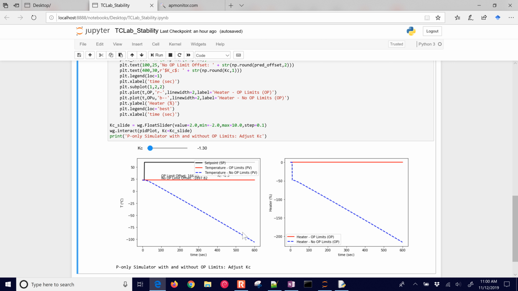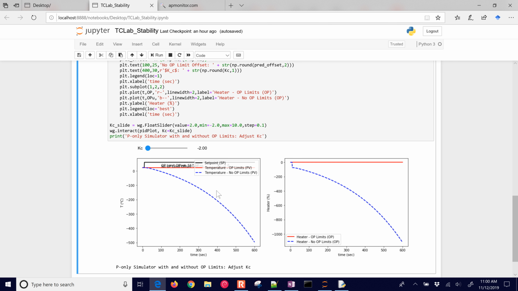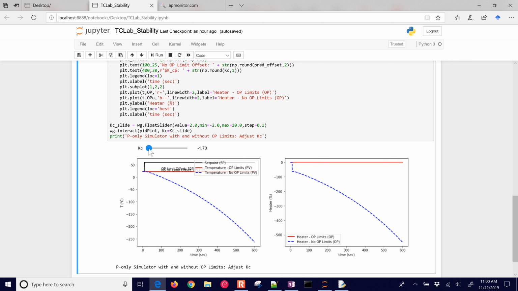You can see it went from kind of a ramp to now it's going to go down with this exponential and then go to negative infinity. So if we had infinite cooling, I don't know how this would be possible below negative 273, but this is a simulation that shows the controller is going to be unstable if we had no output limits below the negative 1.27.